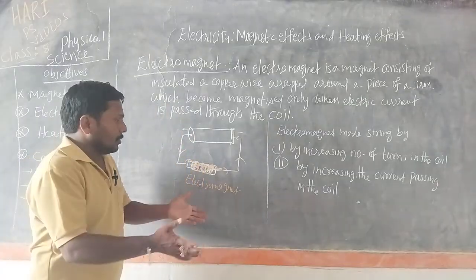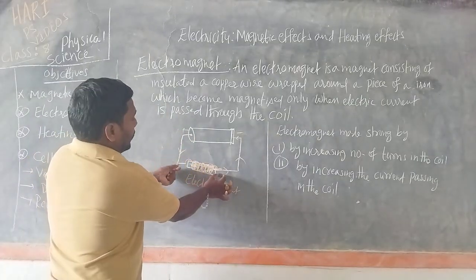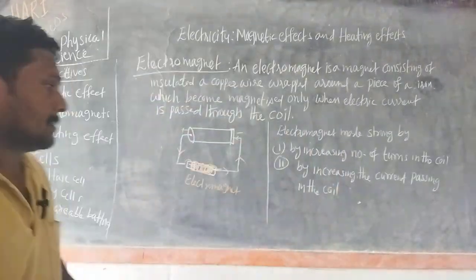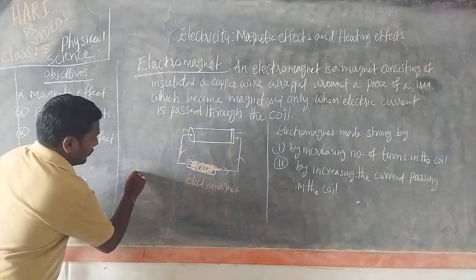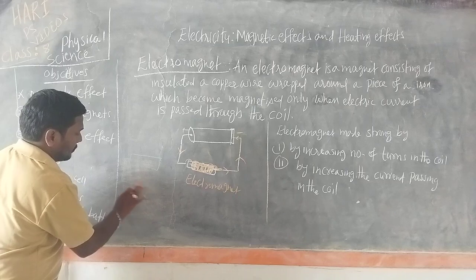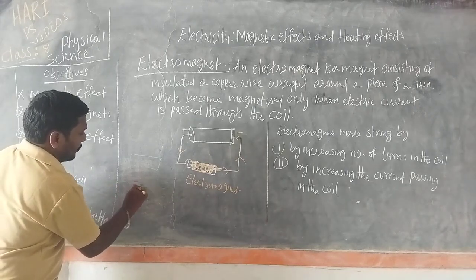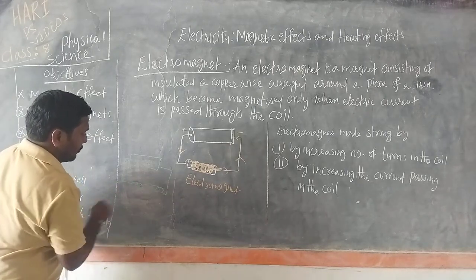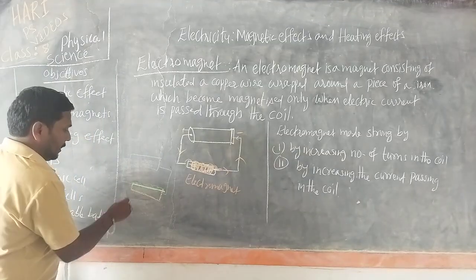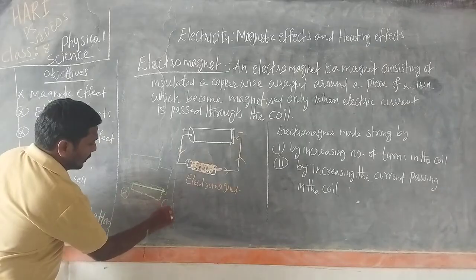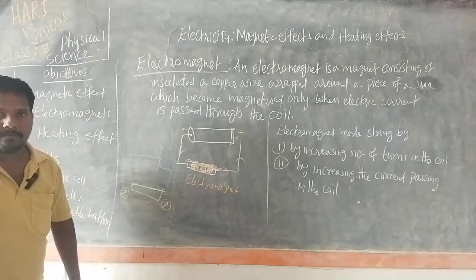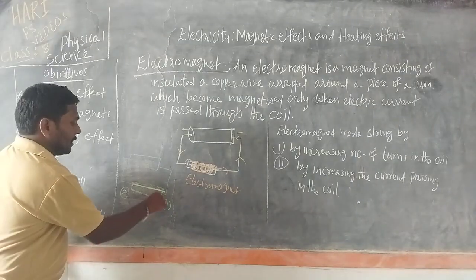So if we place two magnetic compasses, for example, here we wrapped electric wire around an iron nail. Here we placed magnetic compasses. In both compasses, we will be able to see the deflection because poles are formed.